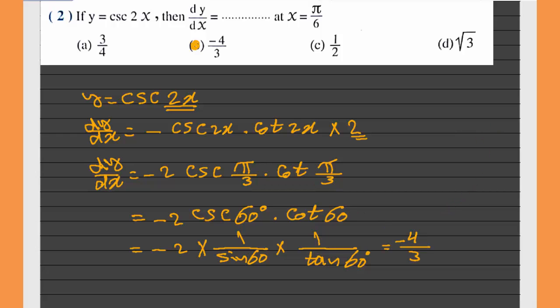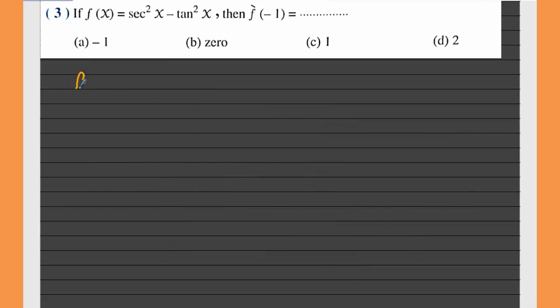Next question. f of x equals sec square x minus tan square x. So f of x equals 1, as sec square minus tan square equals 1.